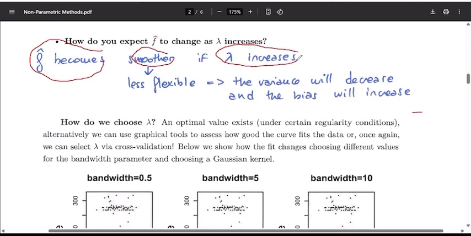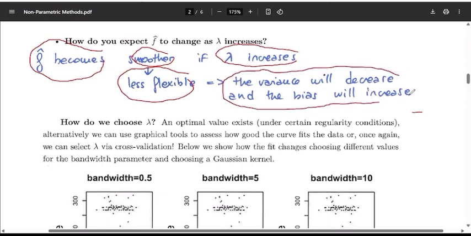But let me tell you this. We don't want it to be more smooth. When it is more smooth, there's going to be an issue. And we also don't want it to be less smooth. Take a look at this. More smooth means less flexible. And if it is less flexible, what is going to happen?